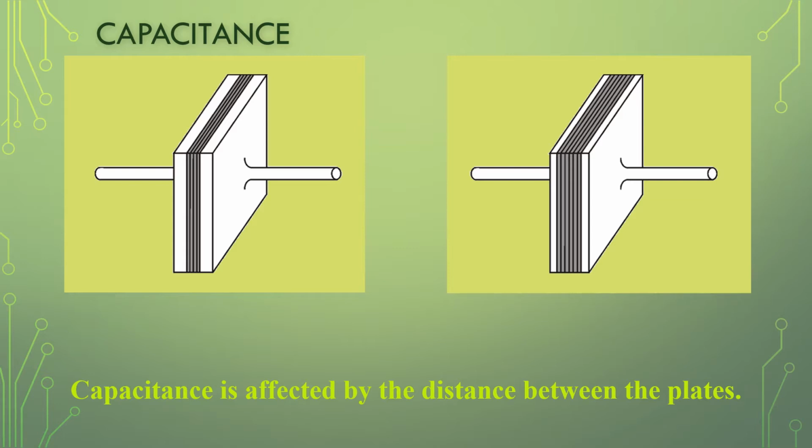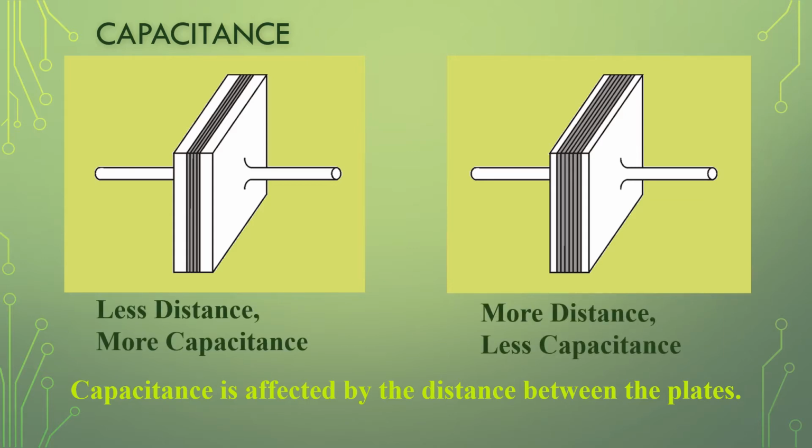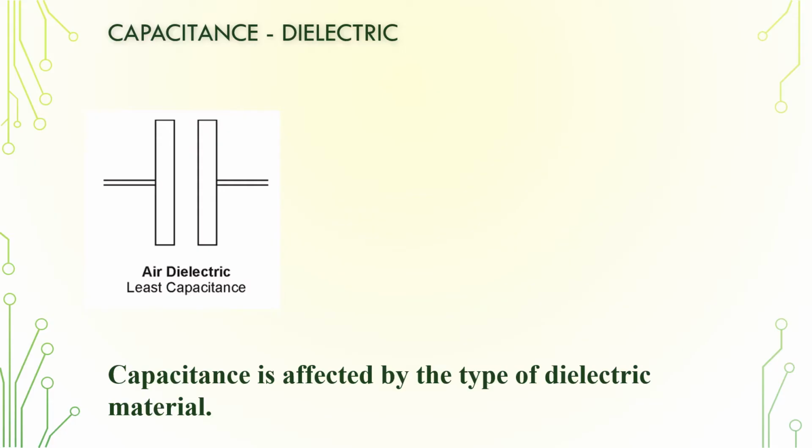So the closer we can get the plates together, the greater the capacitance. The farther the plates are from each other, the less capacitance we will have. The type of dielectric also helps determine the amount of capacitance.